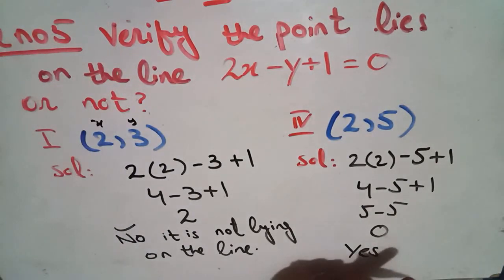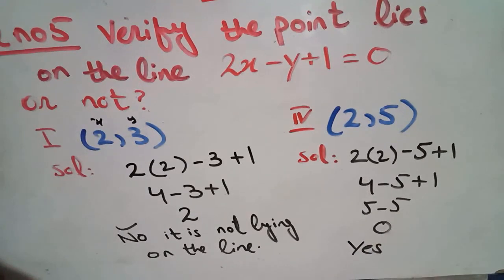So the fourth one is lying on the line. Also you can do the other parts by the same method, so it will be helpful for you to understand the method completely when you do it by yourself. Okay.